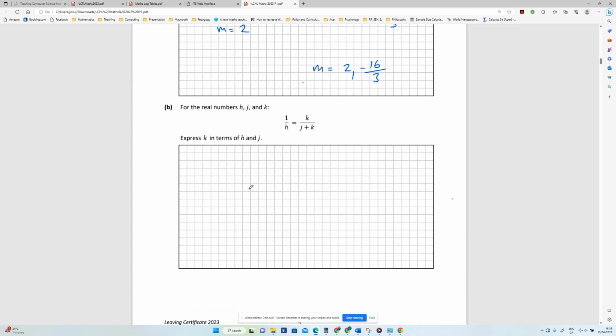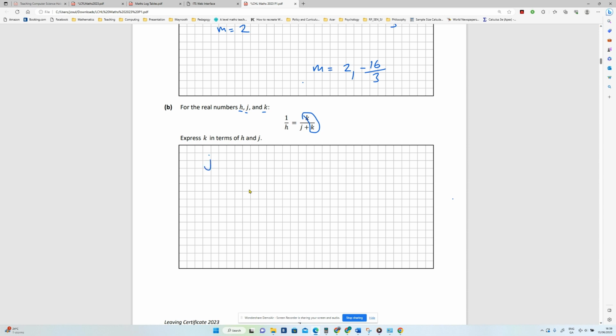Okay, second part, for the real numbers h, j, and k, express k in terms of h and j. Okay, so this is fairly straightforward algebraic manipulation. So there's two k's here. We want to get them isolated on one side. Because we've got two fractions here, we're going to cross multiply them first of all.